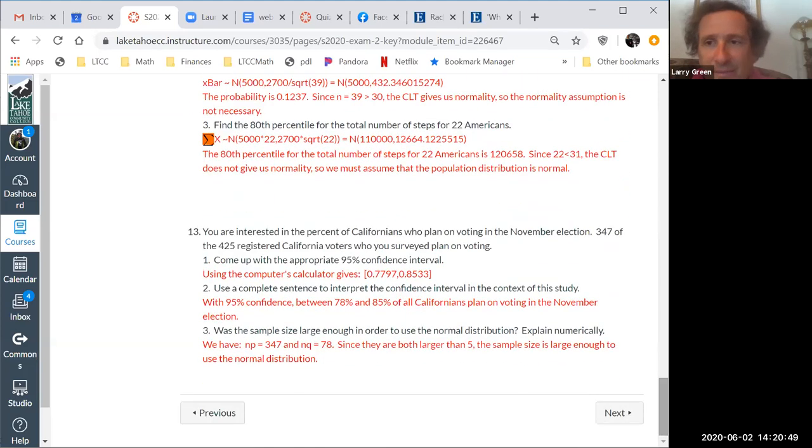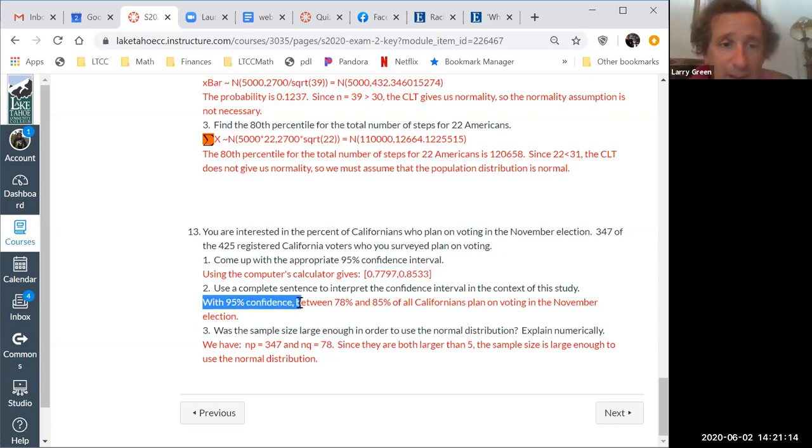Okay, 13. Okay, you're interested in the percentage of Californians who plan on voting in the November election. 347 of the 425 registered Californian voters who you surveyed plan on voting. We want a confidence interval, so I use a calculator, got these numbers, and then interpret it.